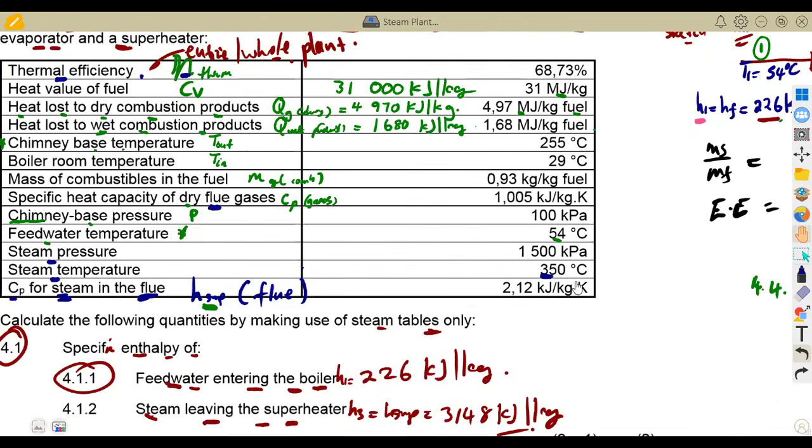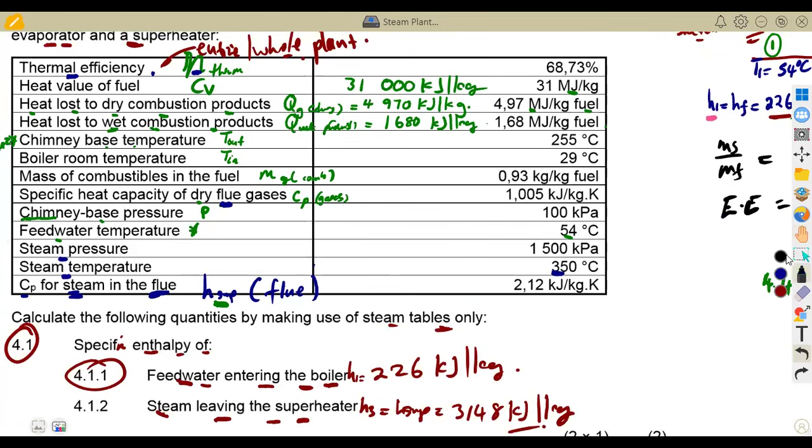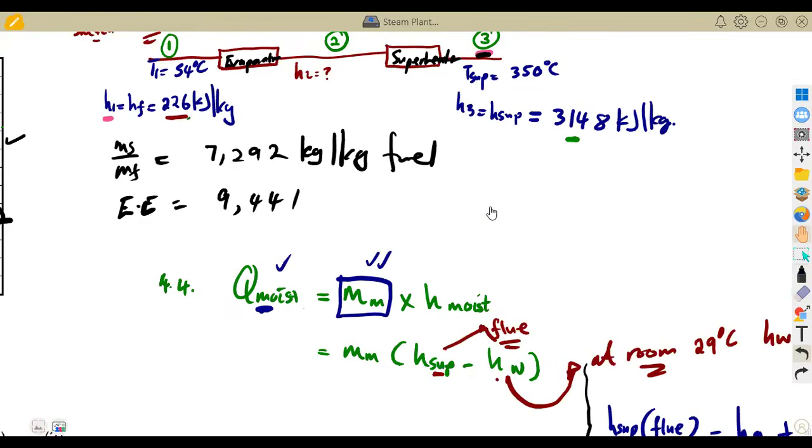We are told about their pressure. Here we have the chimney base pressure, which is 100 kilopascal. At the chimney, that is where we have the flue. We've got the base temperature, which is 255. This 255 is just like what we have for the superheated steam, but this is for the flue. So this is T sup for the flue gases. This is the pressure that we need for the flue gases when they are being superheated.